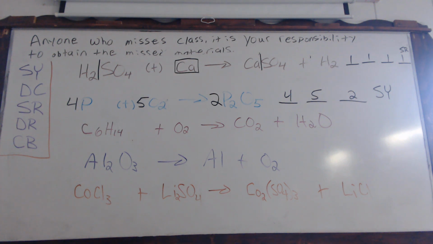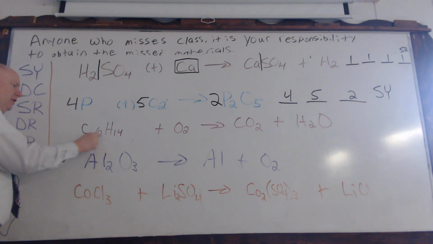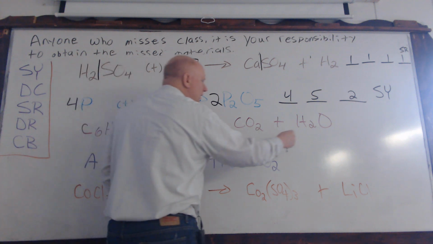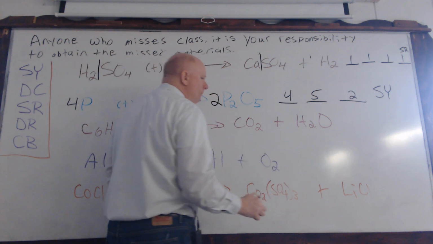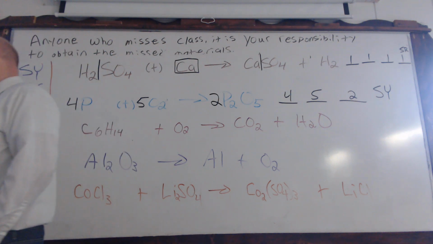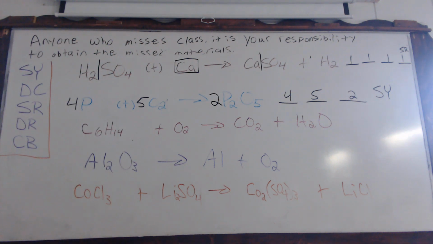Then our next one down, we have a hydrocarbon, hydrogen and carbon here. If you have a hydrocarbon that's combining with oxygen, giving you carbon dioxide and water every time, you correctly said that is a combustion reaction. Now, in this case, what is the best thing that you can do for yourself upon balancing this reaction?